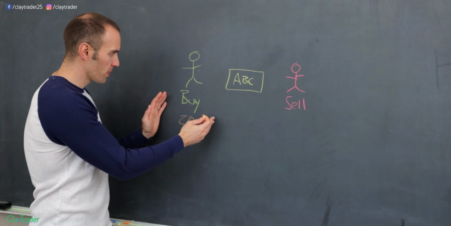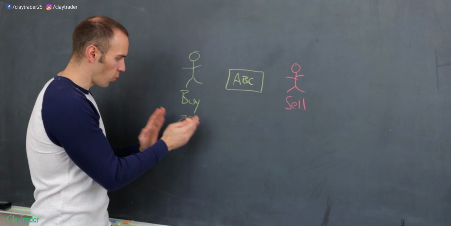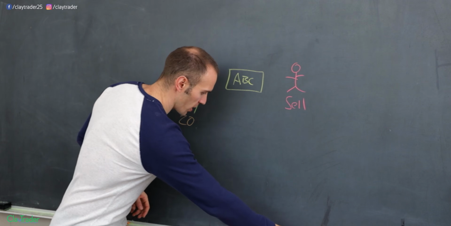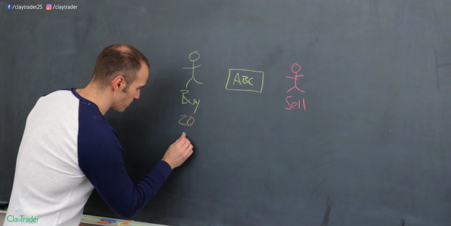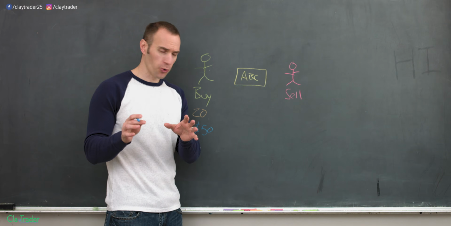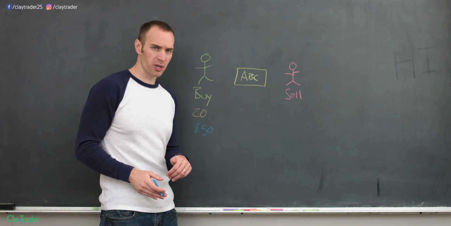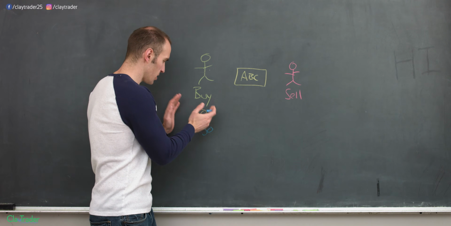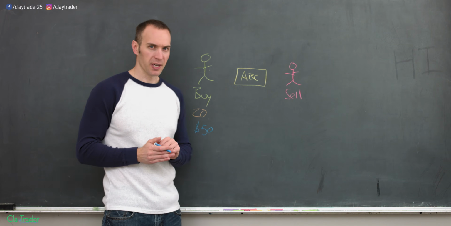As a total, people want to buy 20 shares, at what price? Well, they want to buy 20 shares at $50. So as far as stock ABC is concerned, there are 20 people that want to buy the stock at $50.